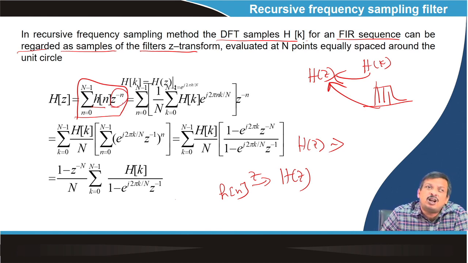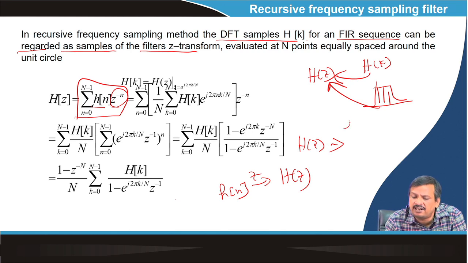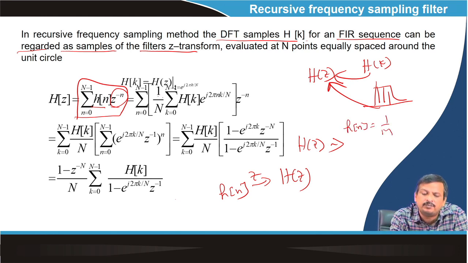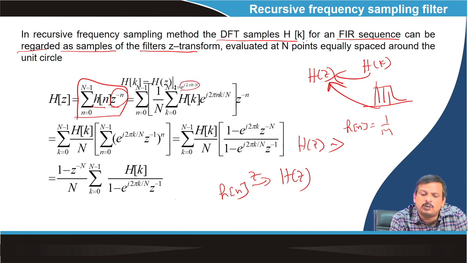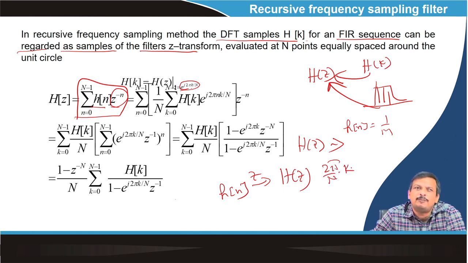Now what is h of n? h of n is nothing but the inverse Fourier transform of H of k. Here z is equal to e to the power j 2 pi by N into k. That is the sampling in the frequency domain.